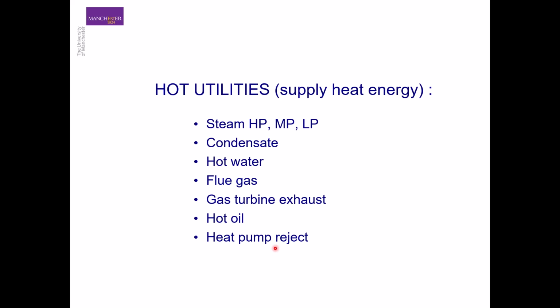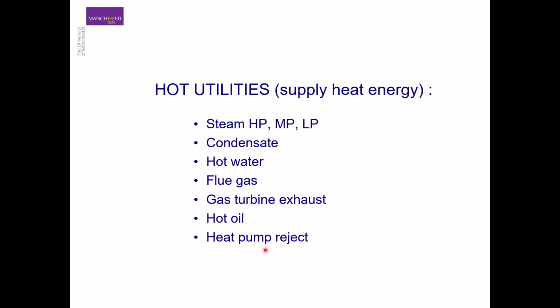So depending on the temperature difference between the low grade heat and the high grade heat, it gives you the degree of compression. So obviously, if the temperature difference between the low grade heat and high grade heat is quite large, then it requires a lot of compression, and as such you have to pay for energy for that heat pump.